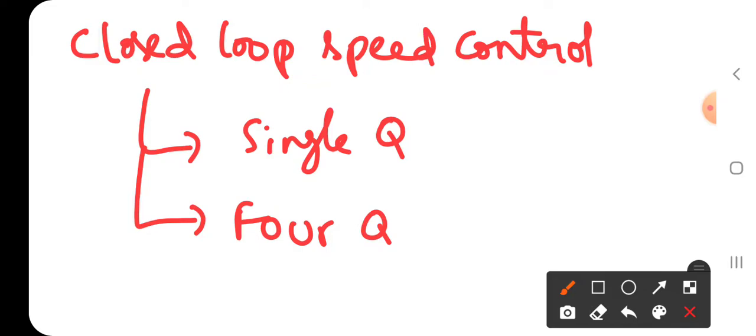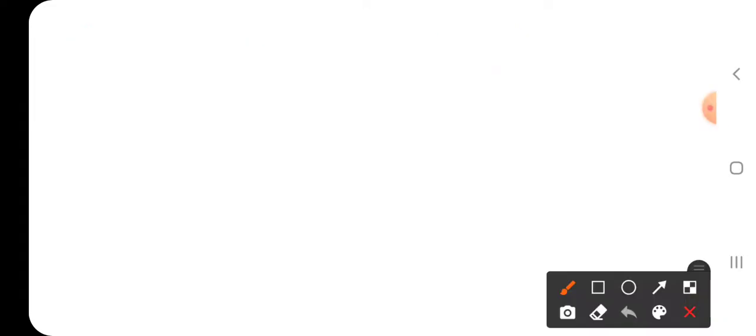For all those, this operation is the same. The controller, converter and motor may change, but the process is the same. First, let me see the single quadrant.